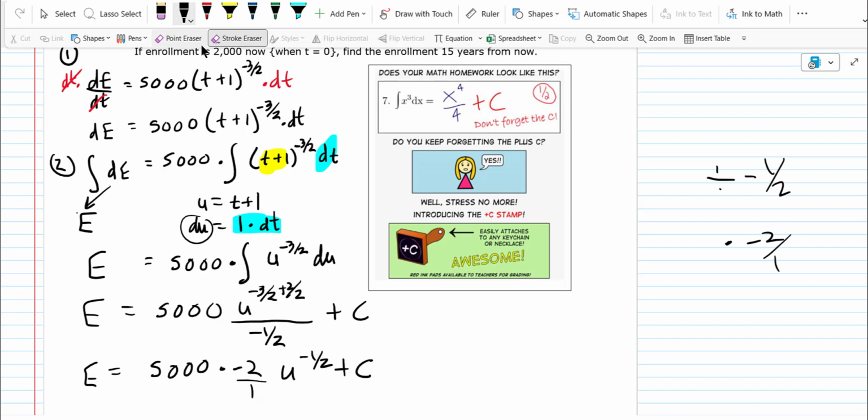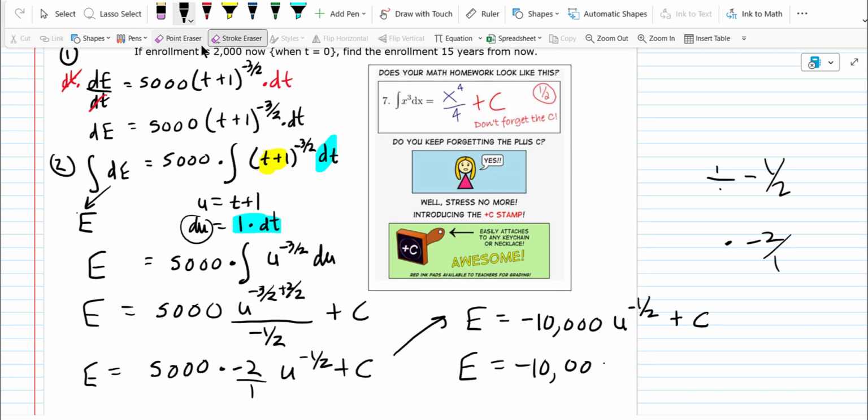And then you're ready to put this together and plug the u back in. So we get E is equal to 5,000 times negative 2, which is negative 10,000, times u to the negative 1/2 plus C, and then we can plug that back in. You could skip this step too and just plug that back in.